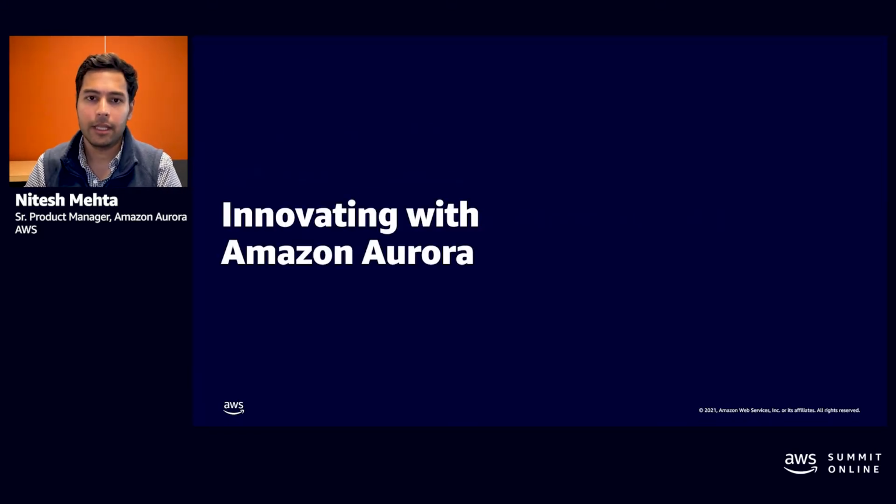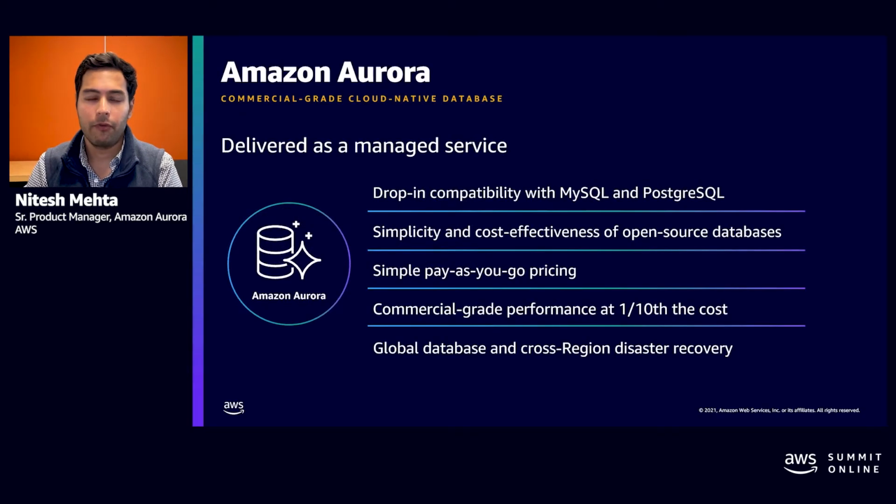So let's discuss a little bit about why we decided to build Amazon Aurora. Amazon Aurora provides commercial-grade cloud-native databases. And what that means is we provide Amazon Aurora as a fully managed service, which provides the same capabilities as a commercial-grade database, which means high availability, high performance, high throughput, low latency, delivered at 1/10 the price.